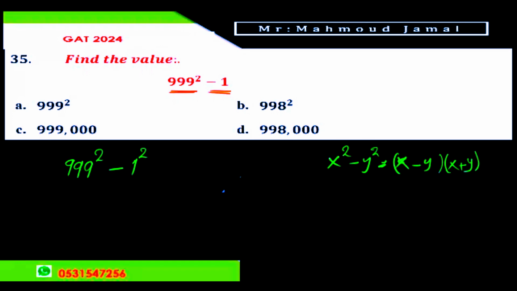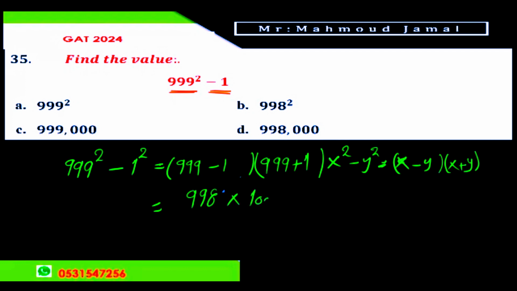We can put power 2 on the 1, since 1 power 2 equals 1. So I have two brackets: 999 minus 1, 999 plus 1. This equals 998 times 1000. It equals 998 thousand. And this is the correct answer. D is the winner.